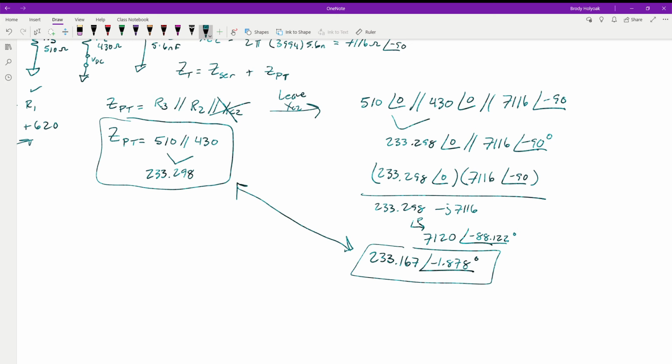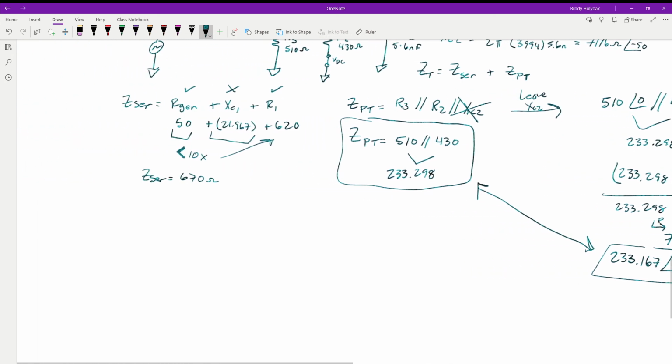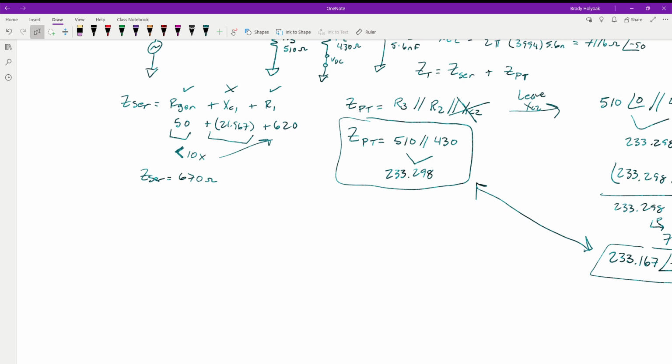So once we have that, we're going to go through and finish solving the rest of the circuit. So we have our total impedance that we need to calculate, which is going to be Z series plus Z parallel.